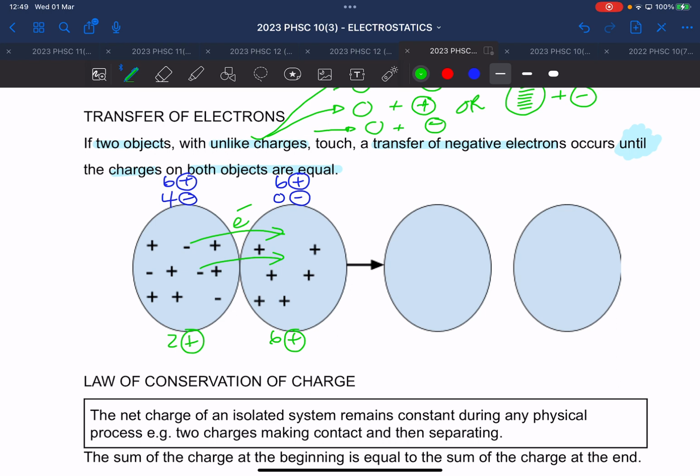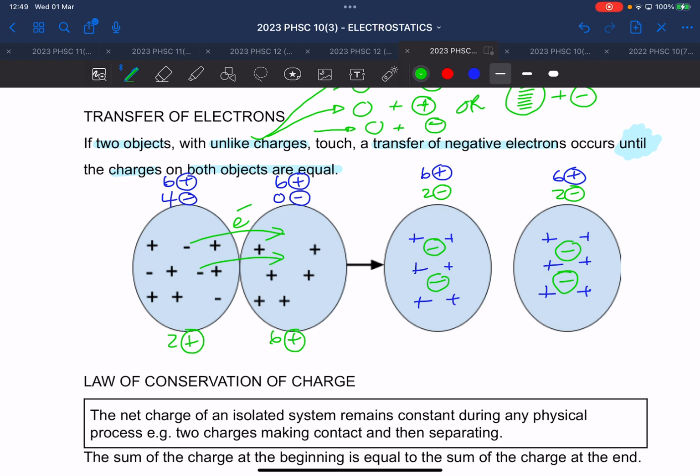So that when we look at them when they are separate again, this one has 6 protons, 6 protons. If it transferred 2 electrons, then this one is left over with 2 electrons, and this one is left over with 2 electrons. All right, so this one still has 6 protons and 6 protons. This one now has 2 electrons and this one has 2 electrons.